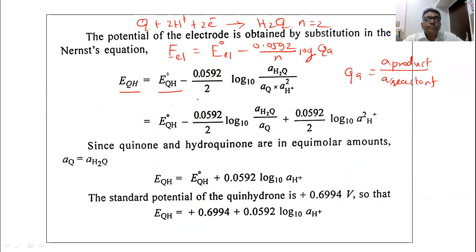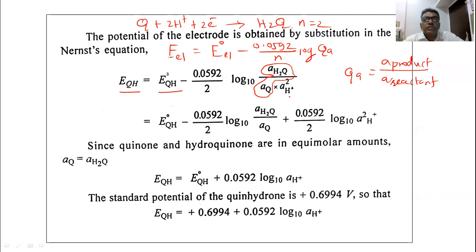So see here, the activity of the hydroquinone, that is the product, divided by the activity of the quinone multiplied by the activity of the hydrogen ion squared. Now this equation can be written as the standard potential of the quinhydron electrode minus 0.0592 divided by 2 log to the base 10 of the activity of the hydroquinone divided by the activity of the quinone.